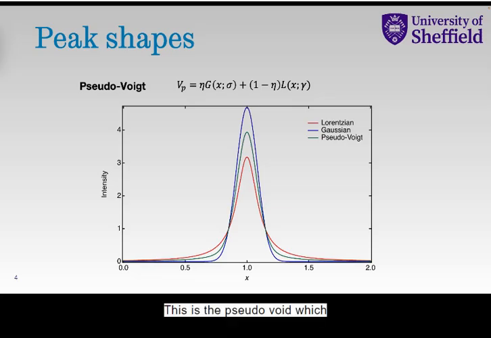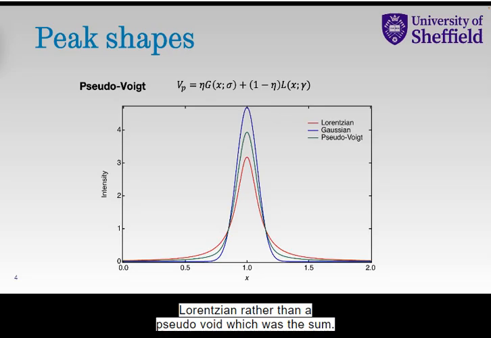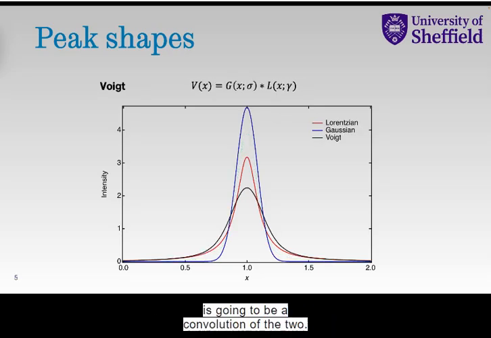So this is the pseudo-Voigt, which, as I say, is one of the most common. You might be asking yourself, why is it a pseudo-Voigt and not a Voigt? Well, there is actually a Voigt function as well. And the Voigt function mathematically is a convolution of a Gaussian and a Lorentzian. So rather than our pseudo-Voigt, which was the sum, the actual full Voigt is going to be a convolution of the two.